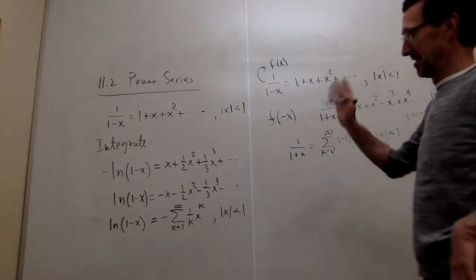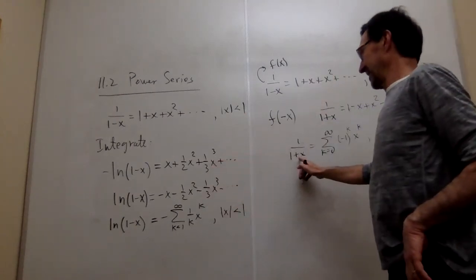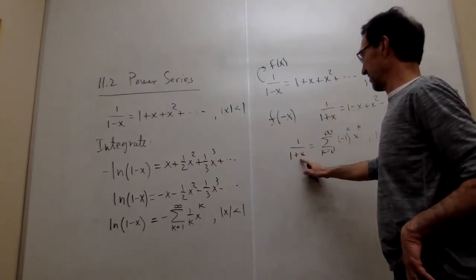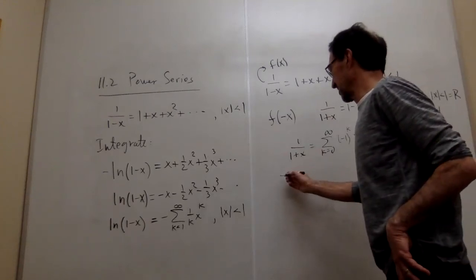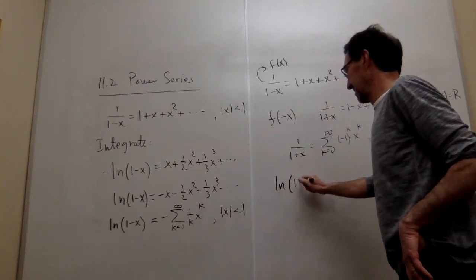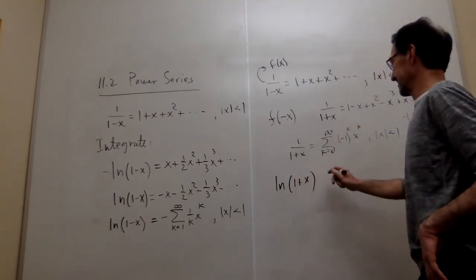Now, let's do what we did over there. Let's integrate. And it's a little bit less complicated here because the derivative of the inside is plus 1, not negative 1. So over here, I just get the natural log. And again, it can't be negative because x is between minus 1 and 1, so I'll write parentheses.